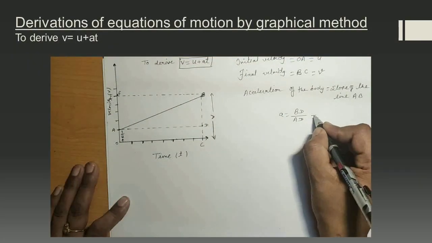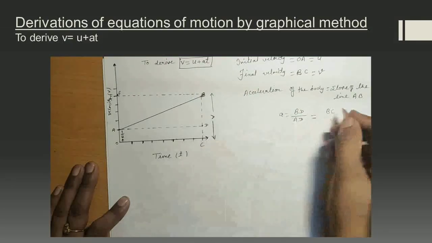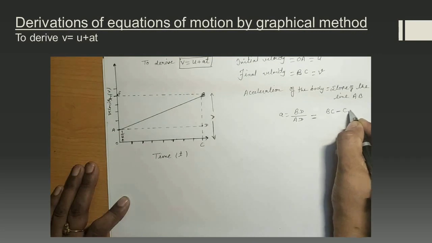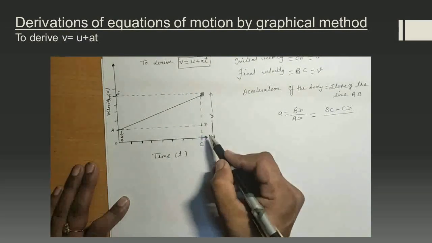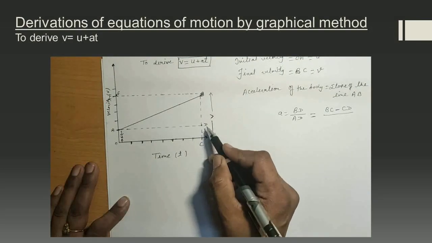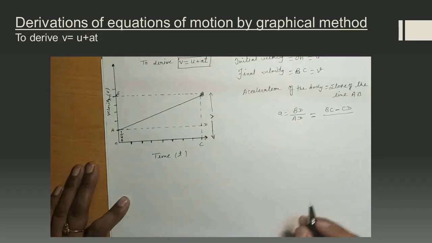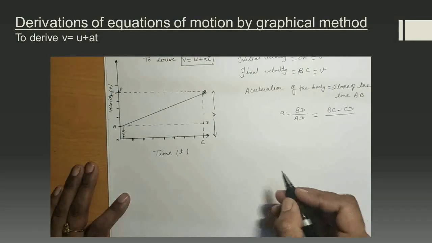How can we find the value of BD? BD can be BC minus CD. You can see here, to find the value of BD, we can subtract CD from BC. Okay, so that we can get the value of BD.